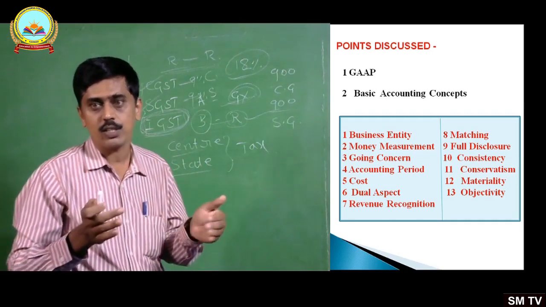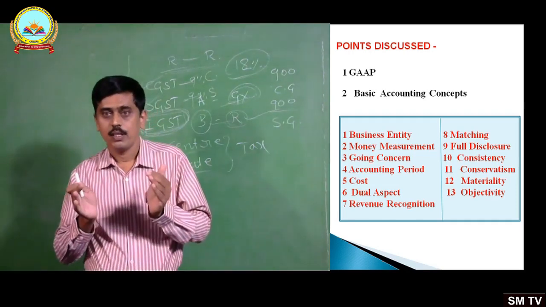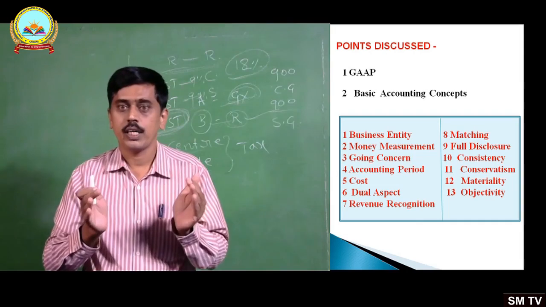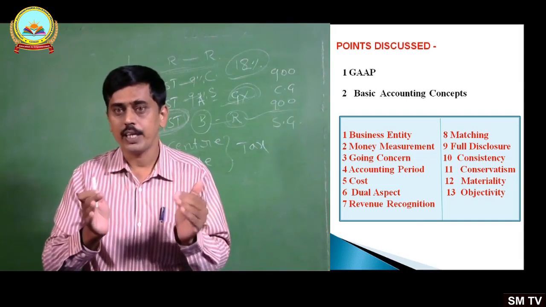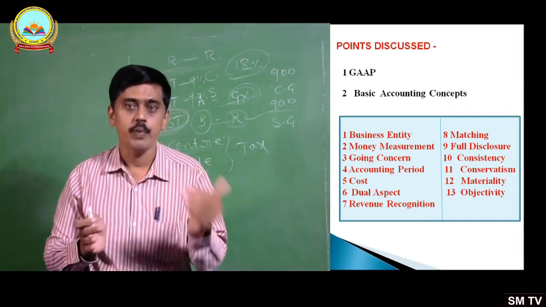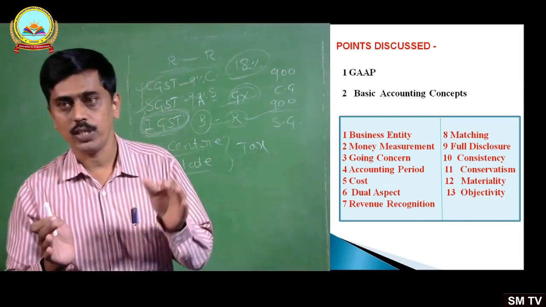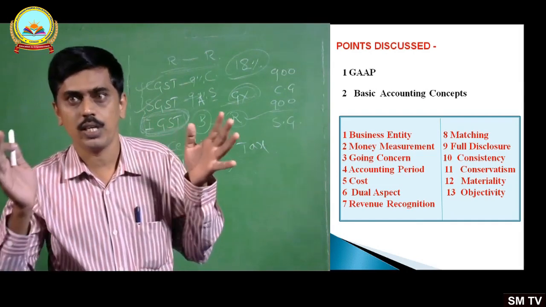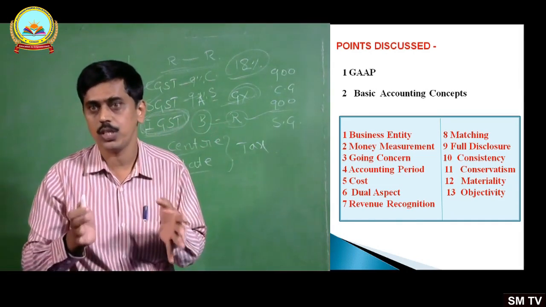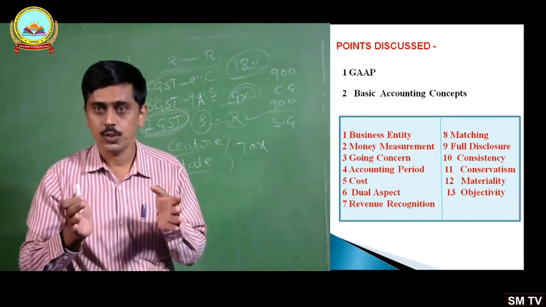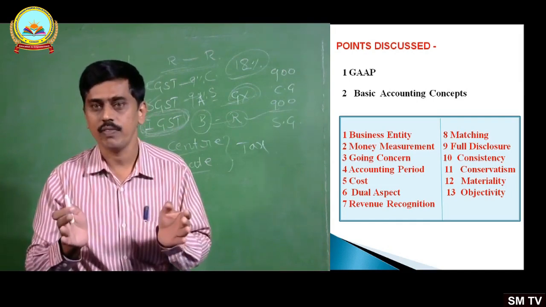Then objectivity concept says all transactions should be recorded in the books only when it is supported by proper evidence, isn't it? These are the basic concepts on which the entire accounting is based actually, and you should always remember this.